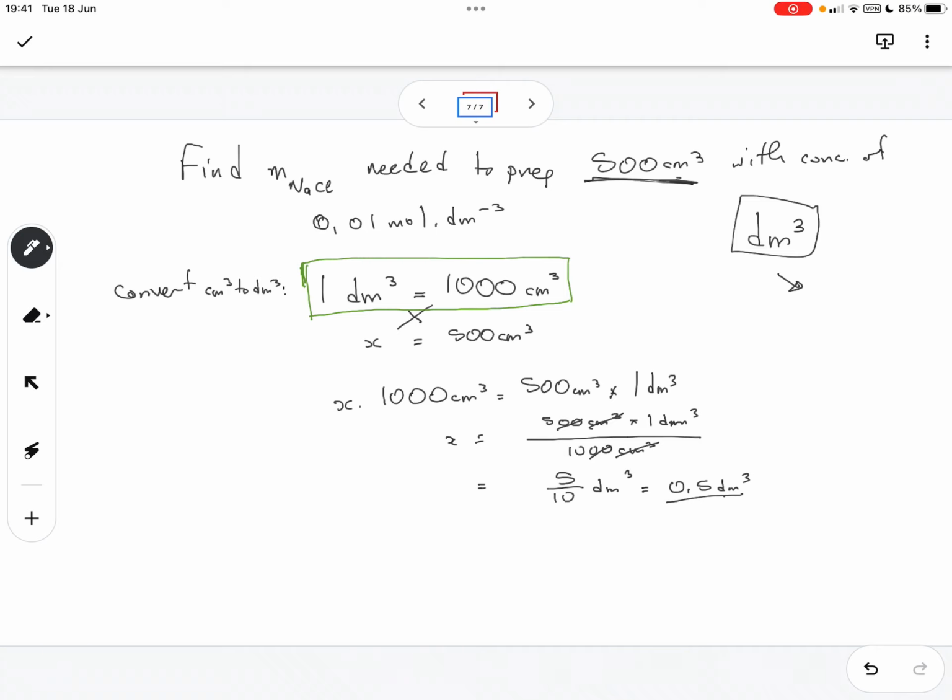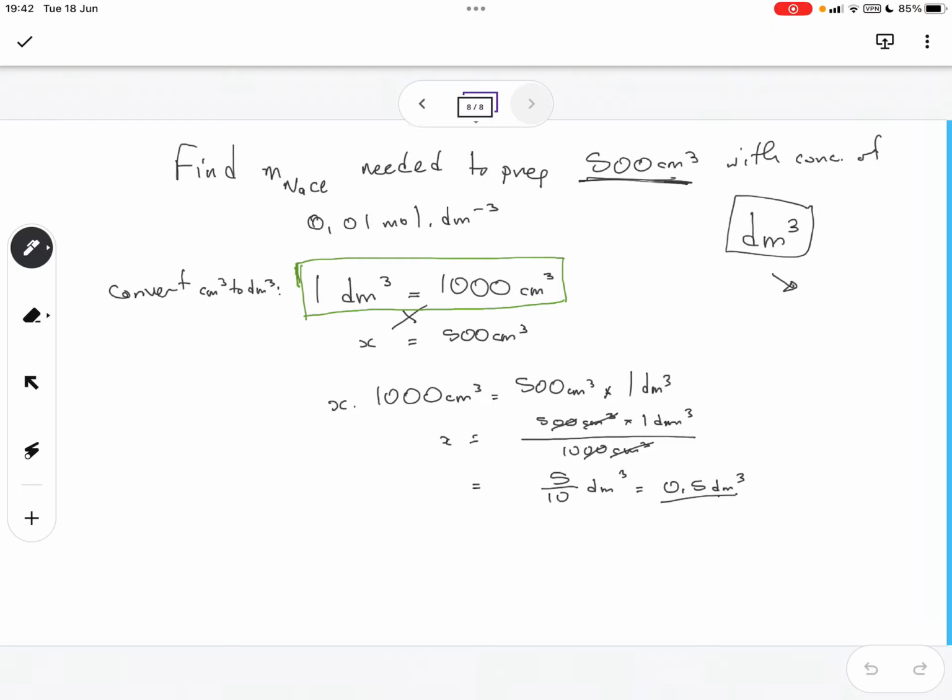An engine with 1,000 cubic centimeters would literally be a 1 liter engine. A vehicle with an engine of size 1,000 cc literally has a 1 liter engine.